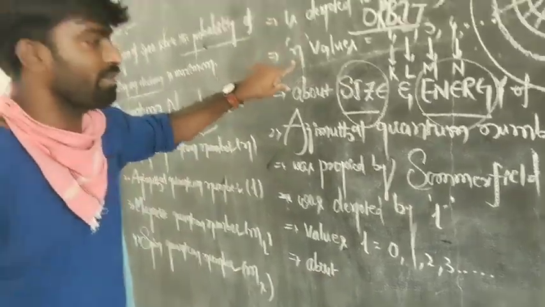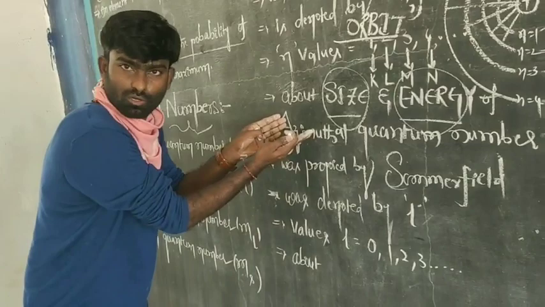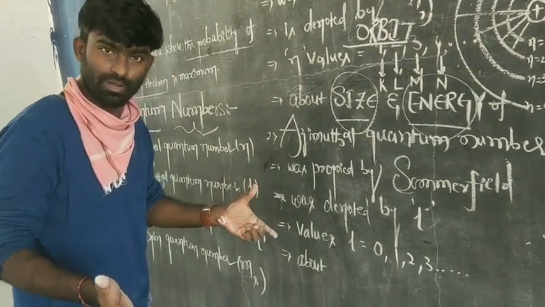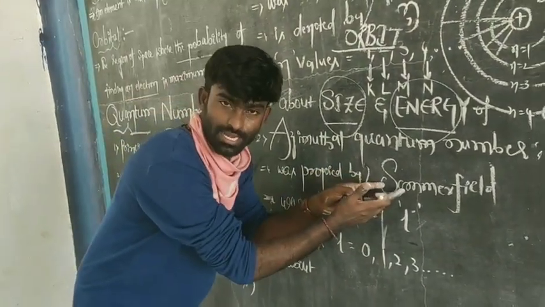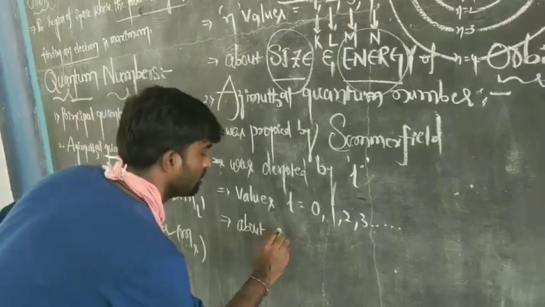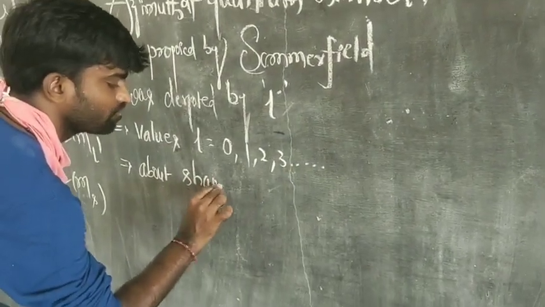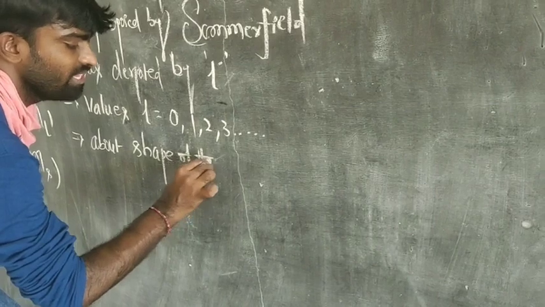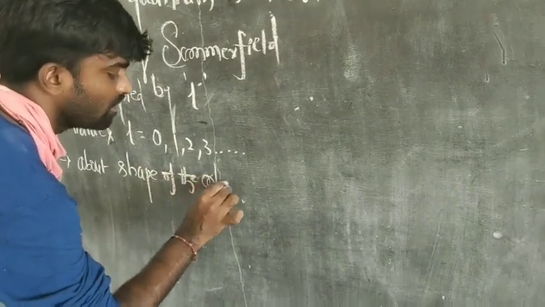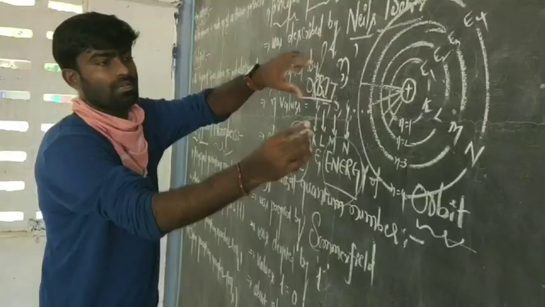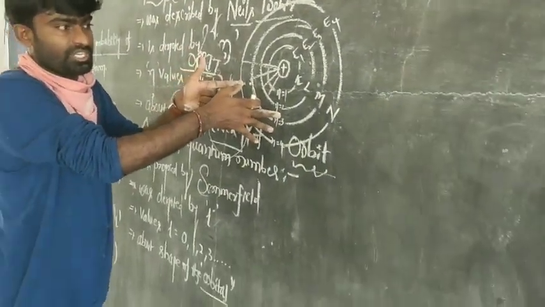The azimuthal quantum number, also known as the angular quantum number, proposed by Sommerfeld, explains the shape of the orbital. Let us come to the diagrammatic expression.